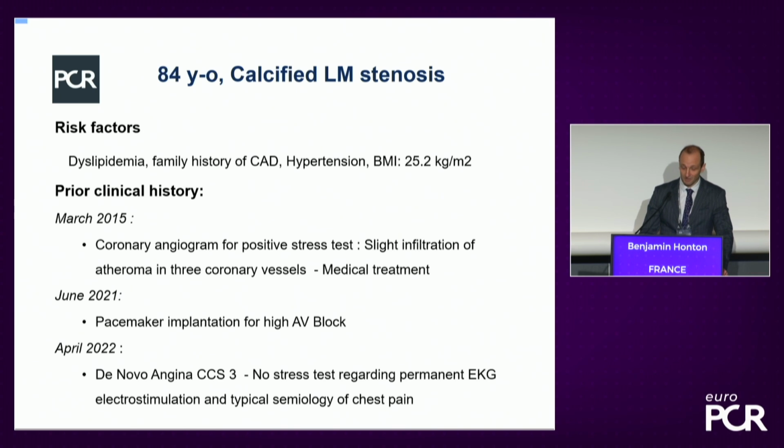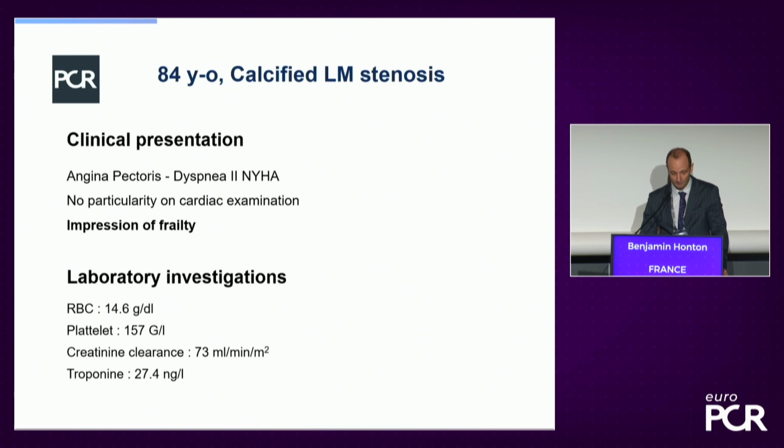His story starts in March 2015 with a coronary angiogram for a positive stress test, showing a slight infiltration of the three vessels and requiring medical treatment. In 2021, he was implanted with a pacemaker for AV block, and in April of this year he developed typical angina pectoris. Given the typical semiology and the permanent electrostimulation, we go for a direct coronary angiogram.